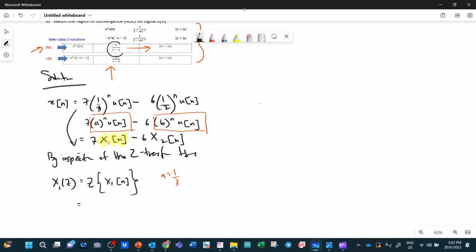You are going to use this equation over here. So you have z over z minus 1/3. Or we write it using this equation as 1 over 1 minus (1/3) z inverse.